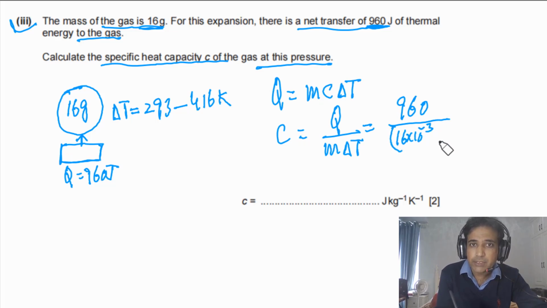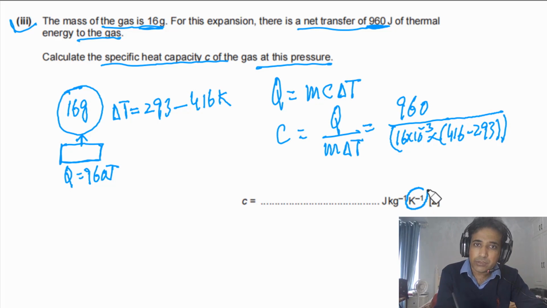We have to use SI units. The change in temperature is 416 minus 293 Kelvin. This has to be in Kelvin because here the unit is Kelvin.